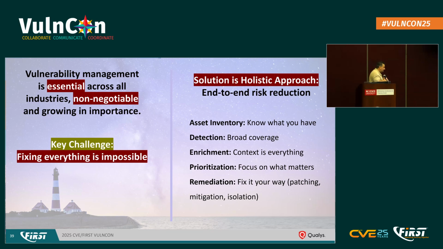Because mitigation might help you with your risk reduction, but it doesn't help you with your compliance. If you want to be compliant, you need to fix that vulnerability in 30 days. Otherwise, it's going to be difficult.